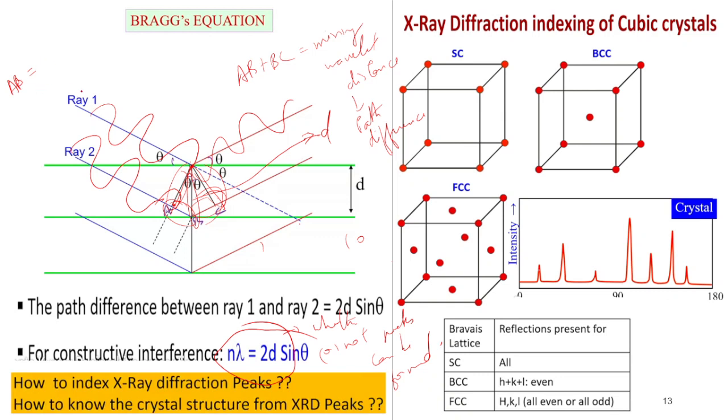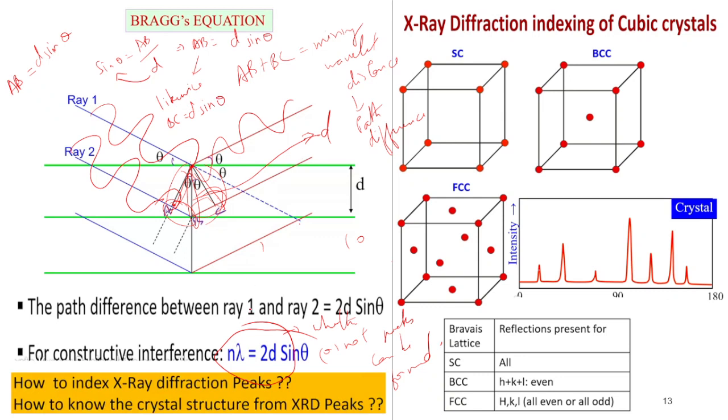AB, as we know, is d sine theta. How is it d sine theta? We know sine theta is opposite, AB, by hypotenuse d. So we get AB equal to d sine theta, and likewise BC is d sine theta.